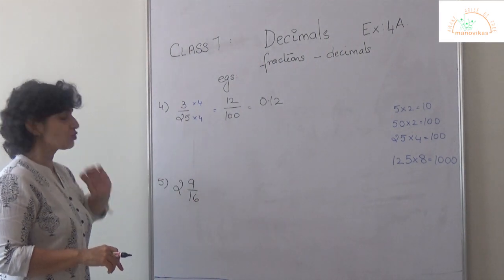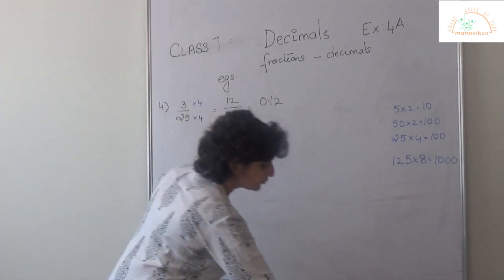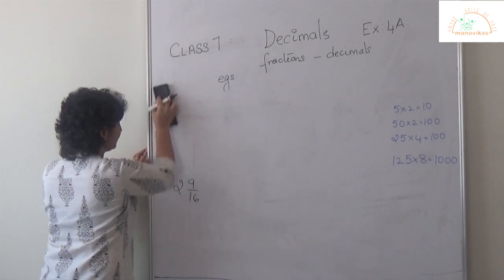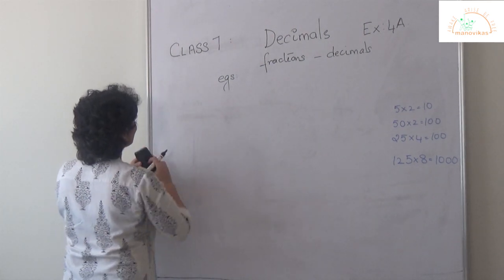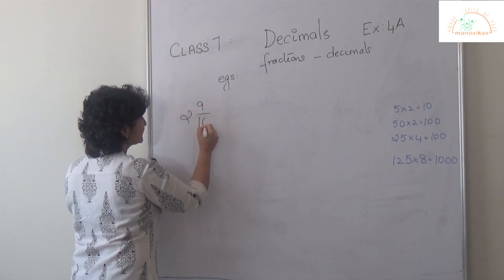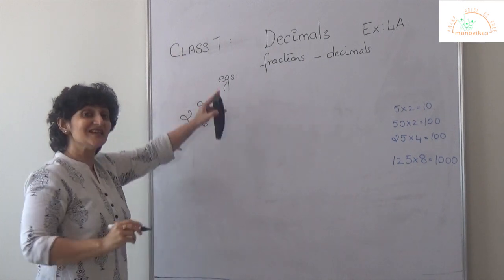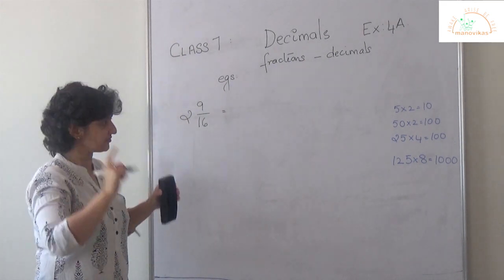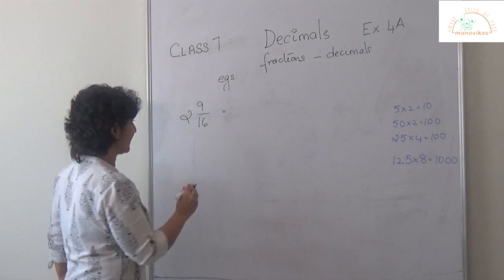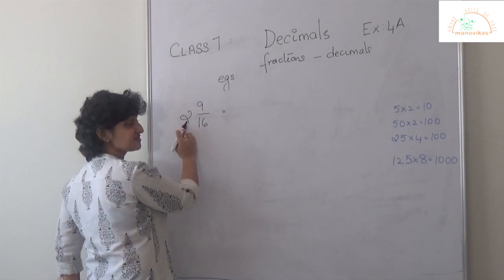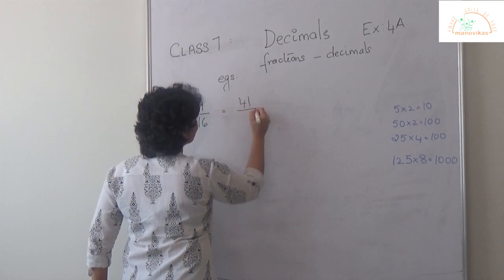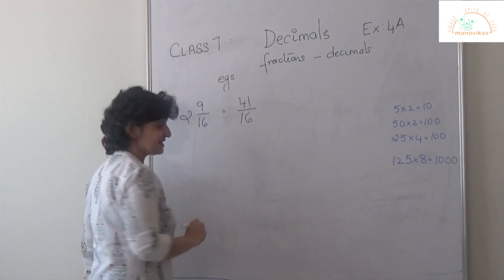Now let's go to another example. I have 2 9 upon 16. Let me rewrite it for you. I have 2 9 upon 16. Now this is a mixed fraction. First let's convert it into an improper fraction. 16 into 2 gives me 32. Plus 9 would give me 41 upon 16.